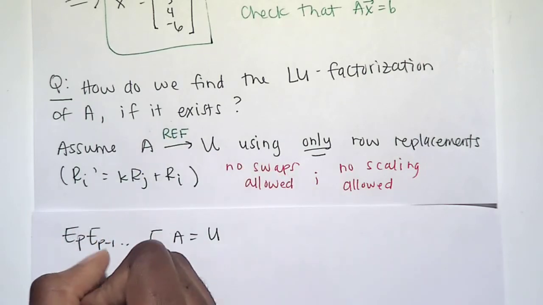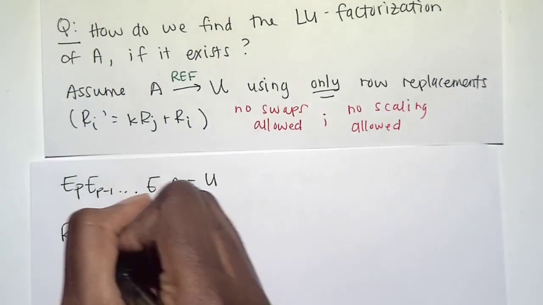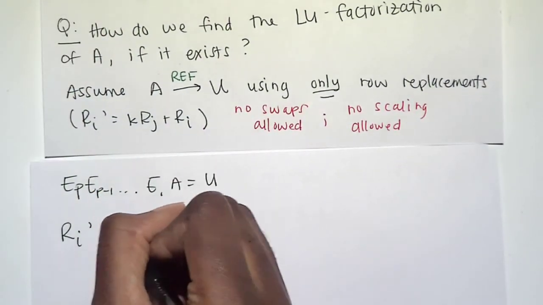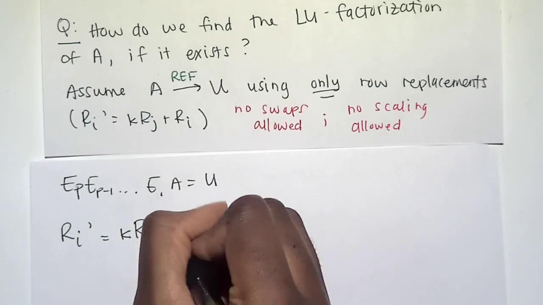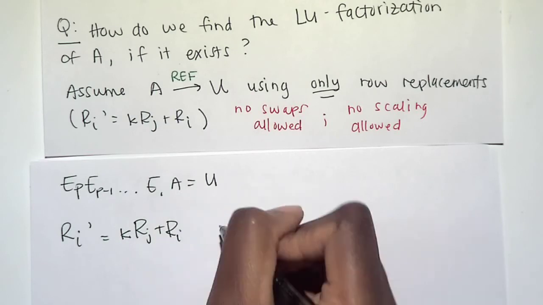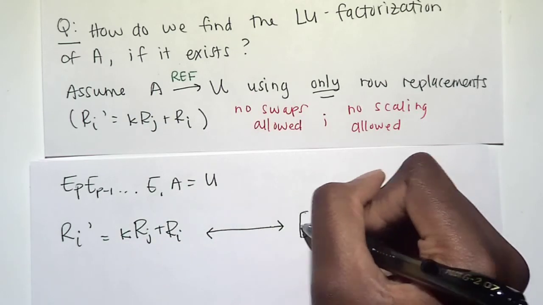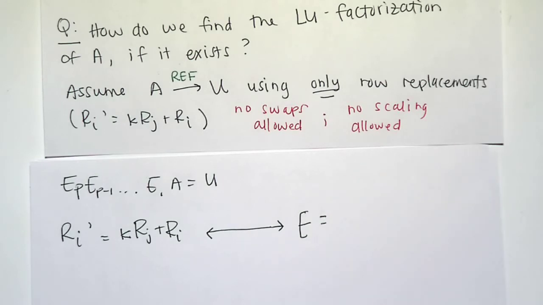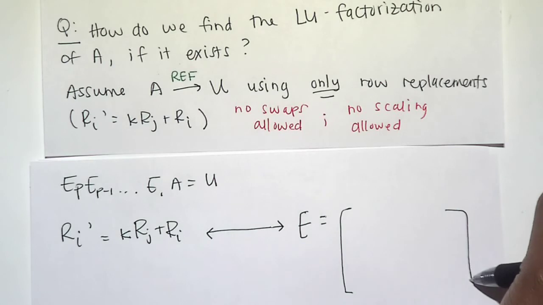All right, so the kind of row operation we're doing is updating Ri by doing K times Rj plus Ri. What does that look like? Well, that is going to be an elementary matrix. Just kind of sketch it out here. So if it's an elementary matrix, we know it's going to look like the identity, but something has been changed, right?